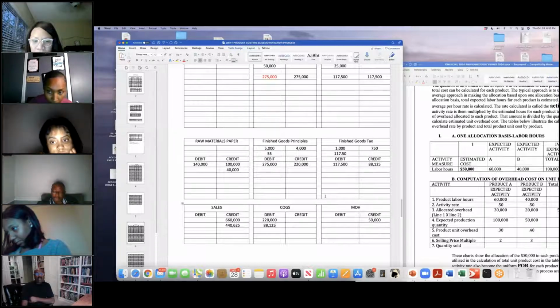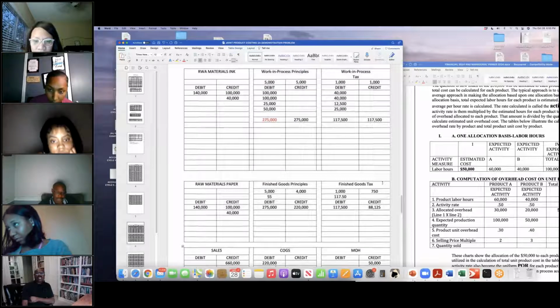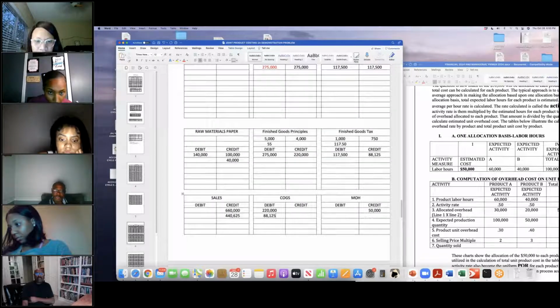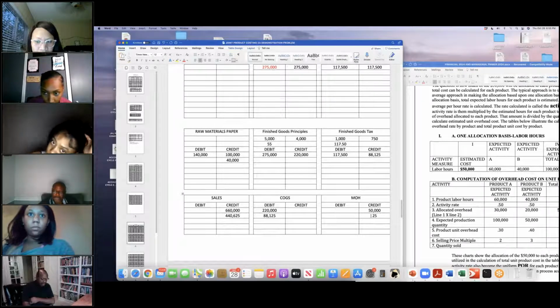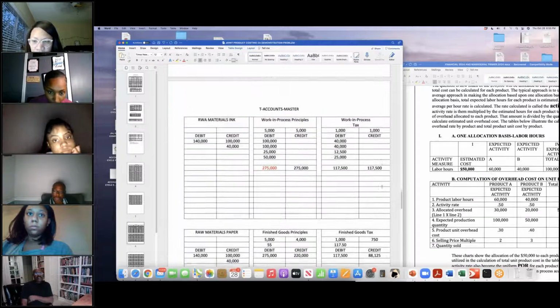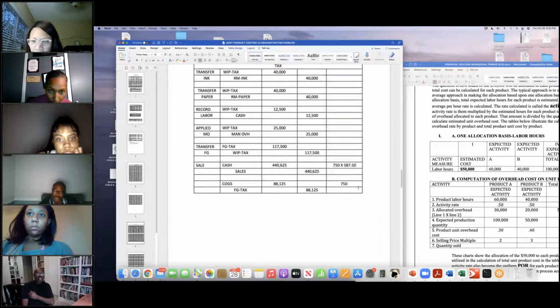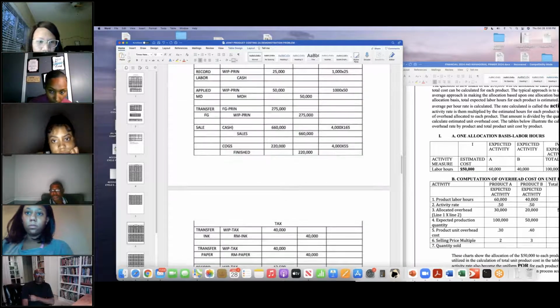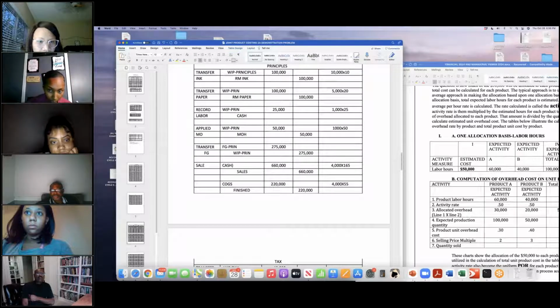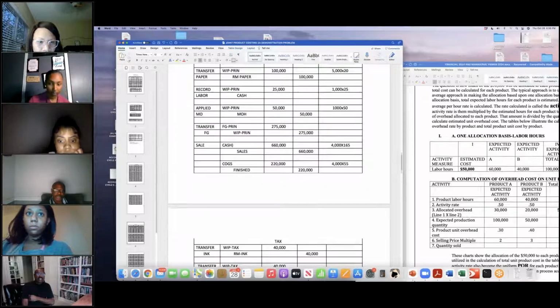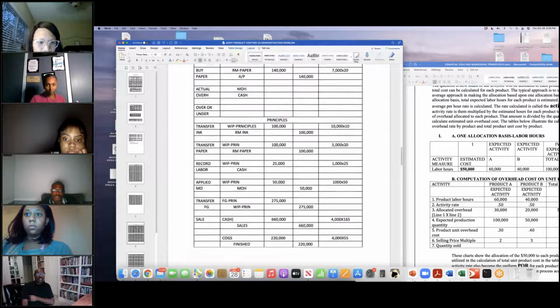And our manufacturing overhead, we put in 25,000 for the tax book, so we need another 25,000 in here. So you can see those entries repeat. The accounts are the same. You're just using the principal's numbers here, the tax numbers here.